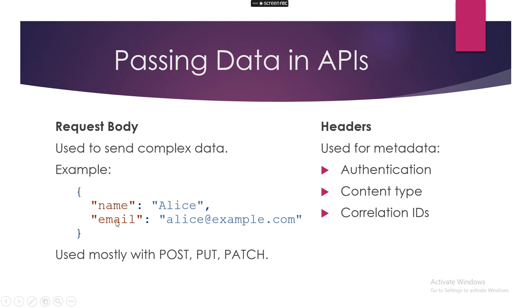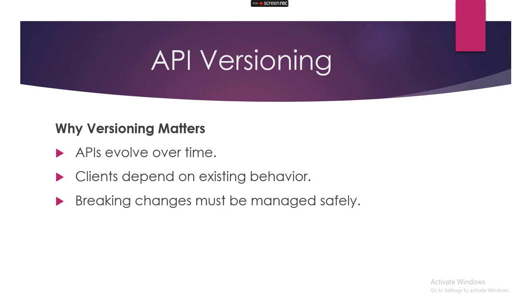We have a name, an email, and so on. You can have a comma and also the school or the gender. You can send as much data as you want here, and it's mostly used to create a new resource, update a resource, and so on. So those are the four main methods of passing data to your API.